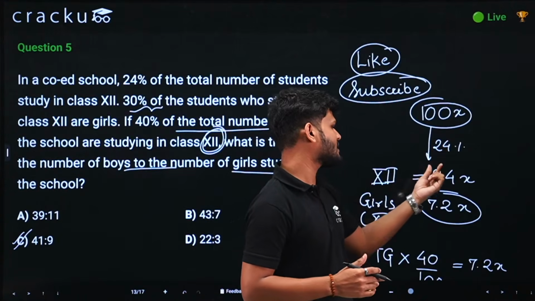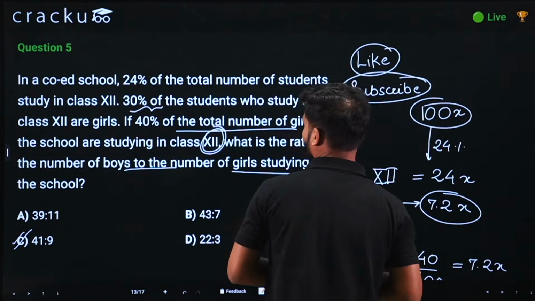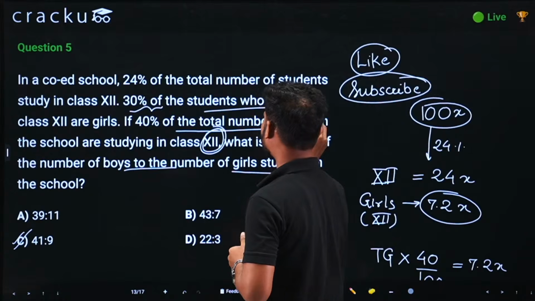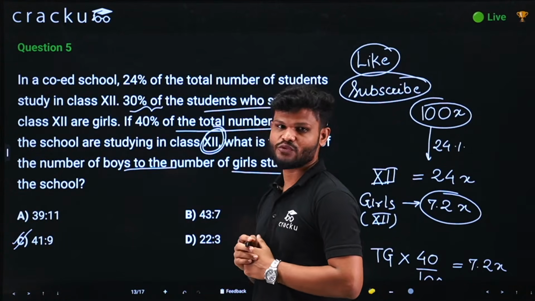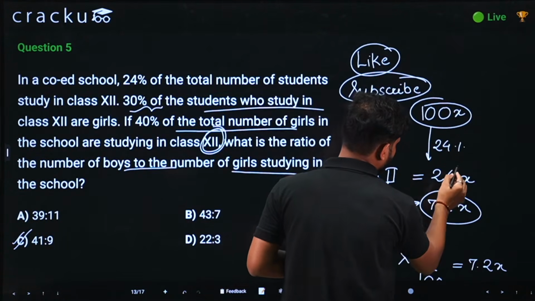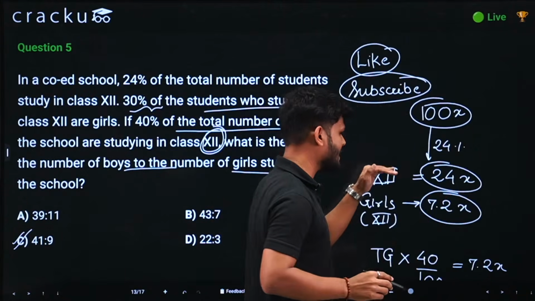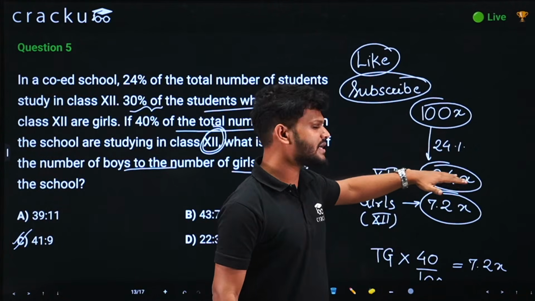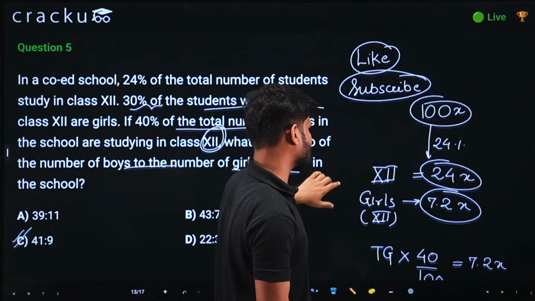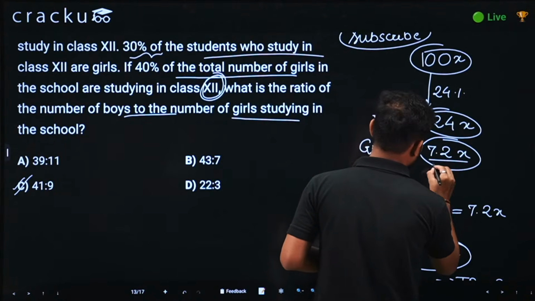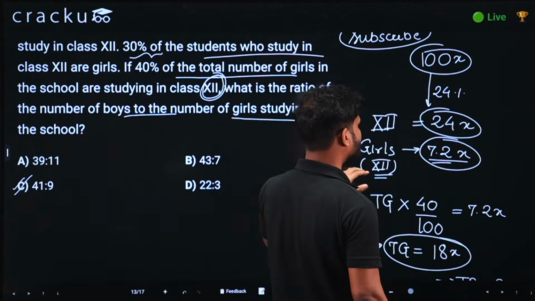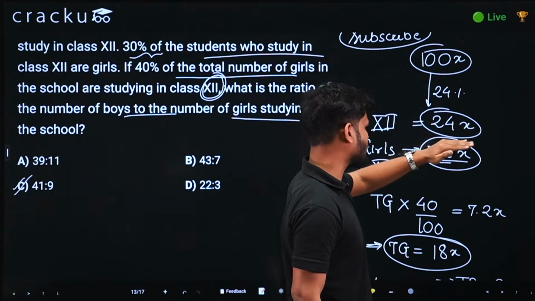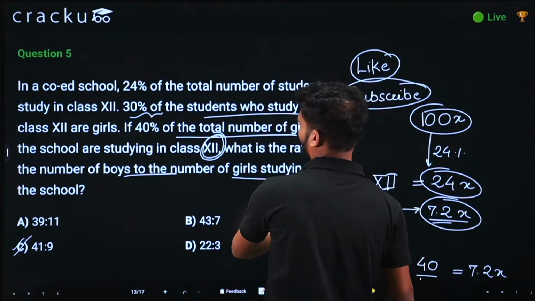So 24% is 24x, right? 30% of the students who study in class 12 are girls. So 30% of 24x are girls. So 7.2x are girls. Why? 30% of 24x is nothing but 7.2x.